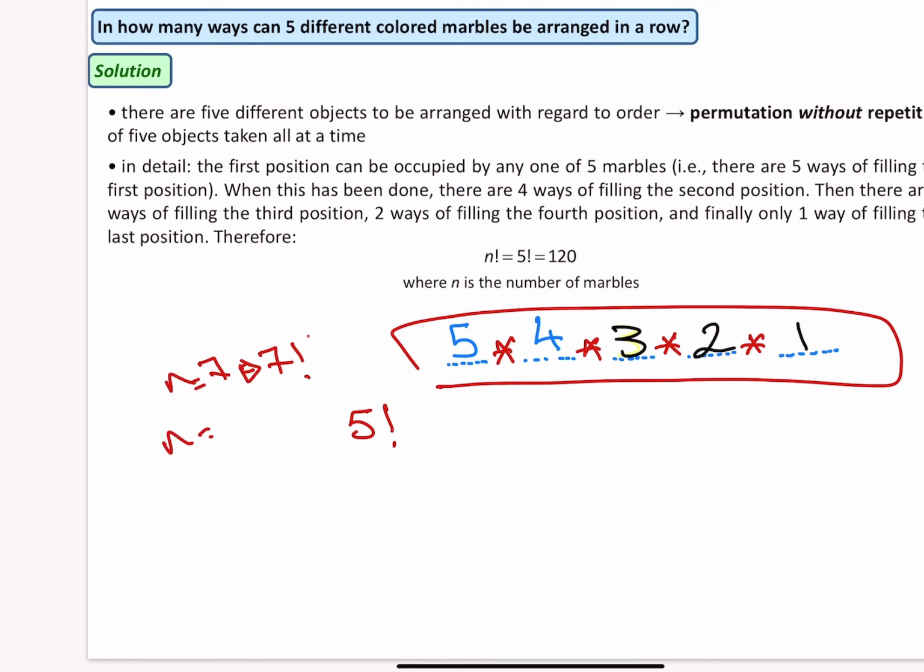If n equals 9, it will be 9 factorial, and so on. I have 5 here, so it will be 5 factorial. N factorial equals 5 factorial equals 120. So I have 120 ways to arrange these marbles in a line.